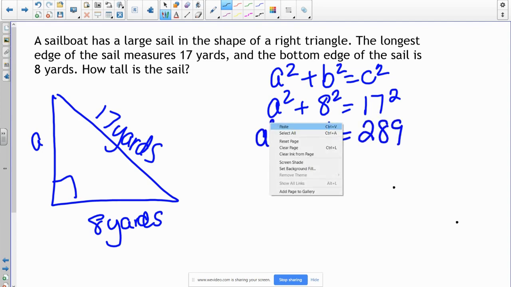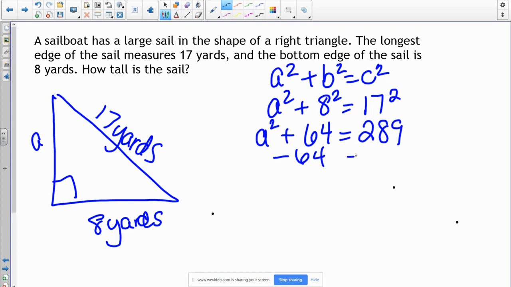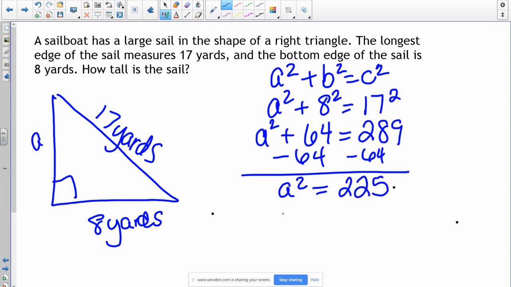Put my a squared, my unknown, there. And since I'm missing a leg, we have to subtract because we want a squared by itself. So we get a squared equals 225. I'm going to take the square root of 225 to get rid of that square, and that is 15.